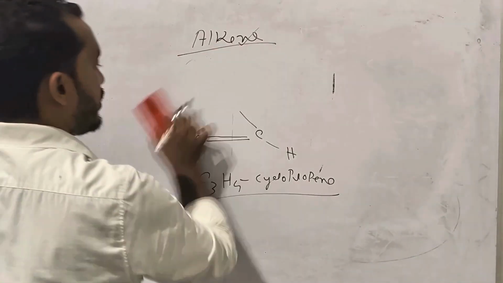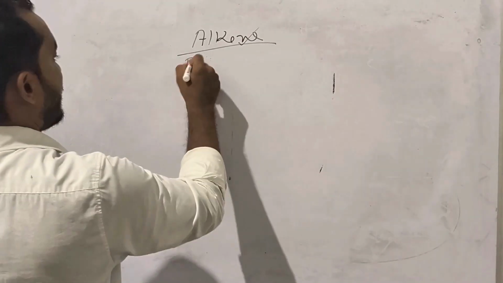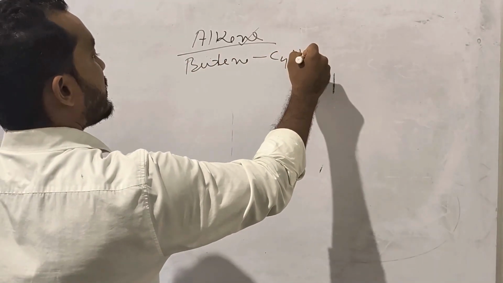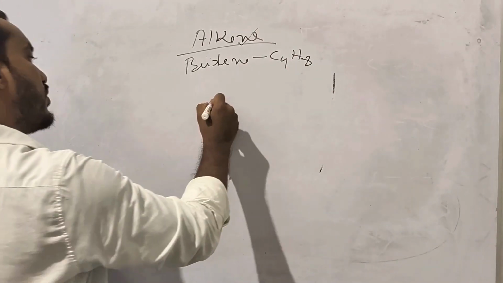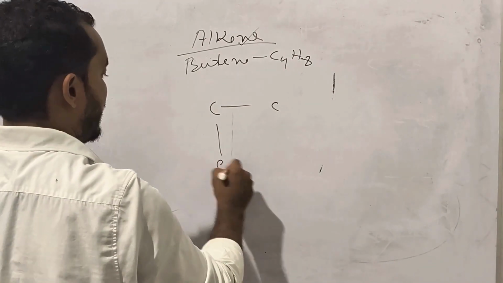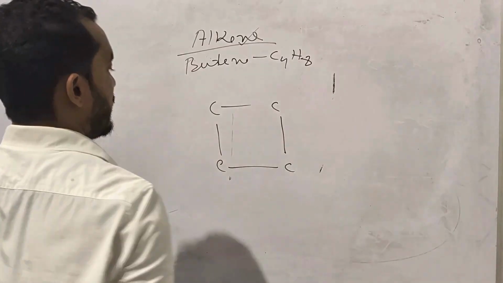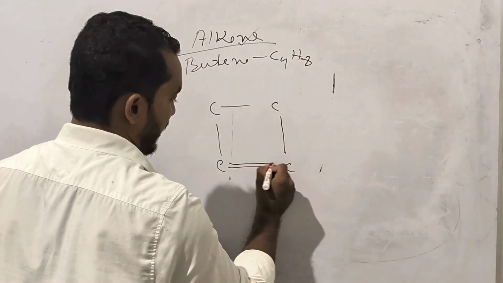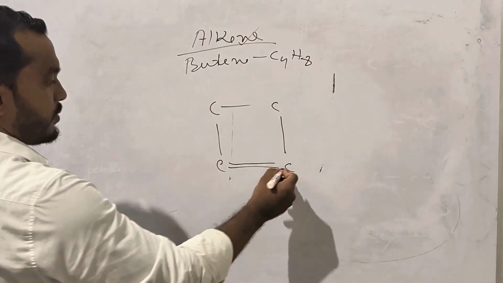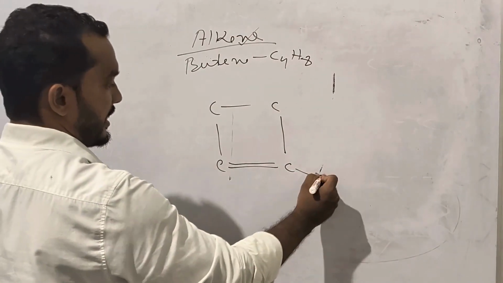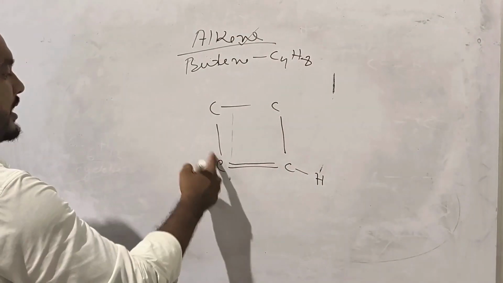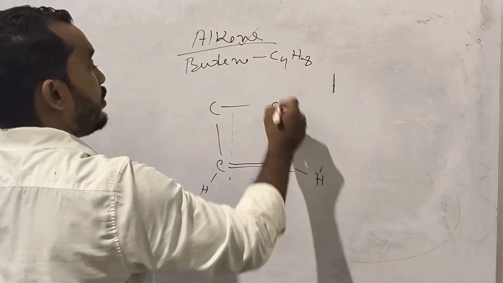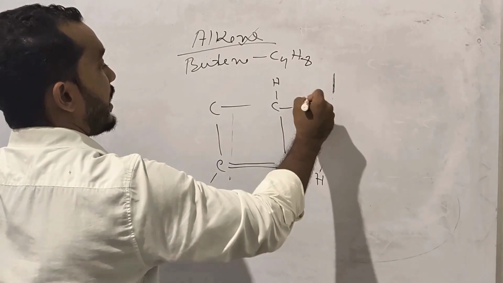Okay, let me show you for butene. Butene formula is C4H8. If I draw the structure of butene, that means at least in one place I can put a double bond like that because it is alkene. So with this carbon 3 bonds are there, here 1 hydrogen I can place. With this carbon already 3 bonds are there, 1 hydrogen I can place. Here 2 bonds, that means 2 more bonds I can add.